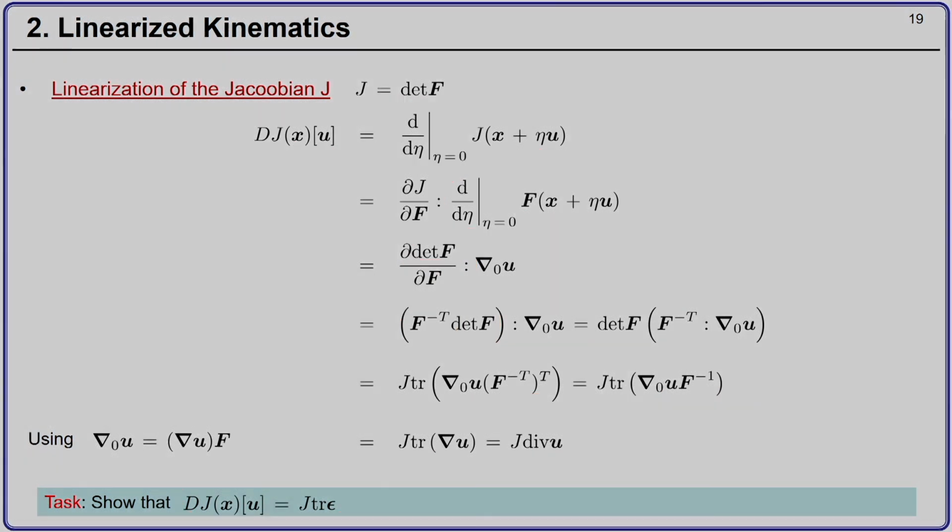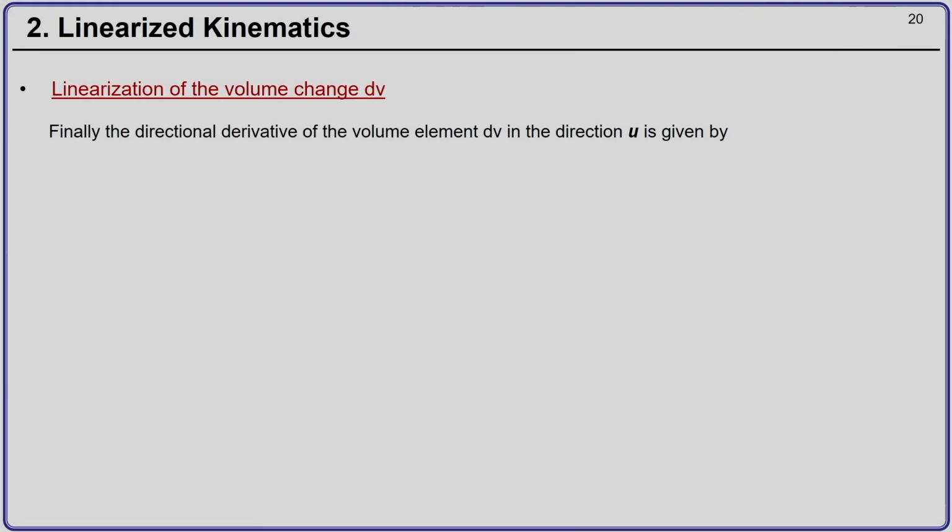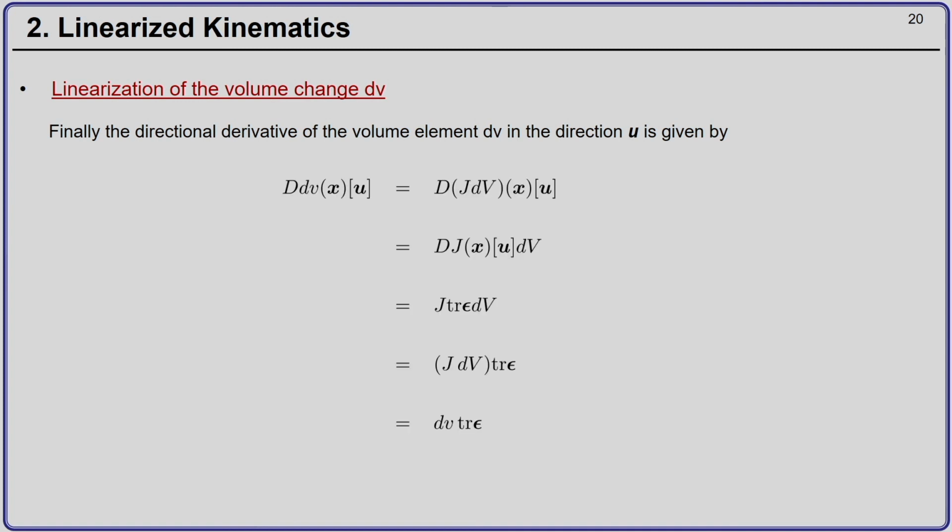Finally, we come to linearization of the volume element dV. The directional derivative of the volume element dV at x in the direction u: dV is nothing but J dV capital, that is what we substitute. Now, dV capital is a constant quantity, so I can take it outside the bracket.